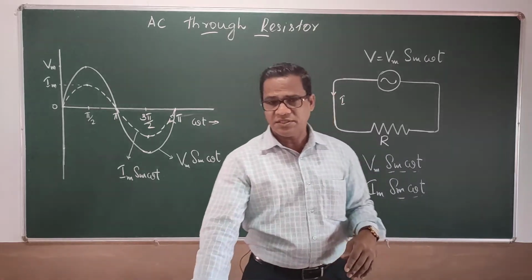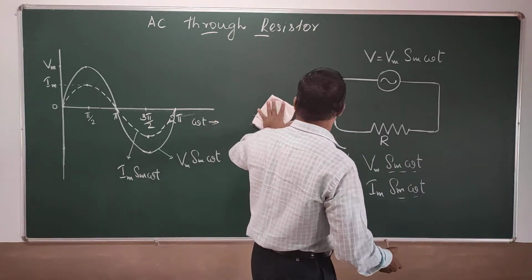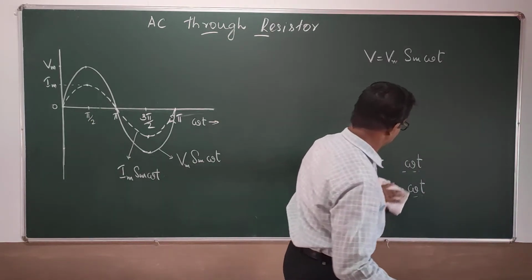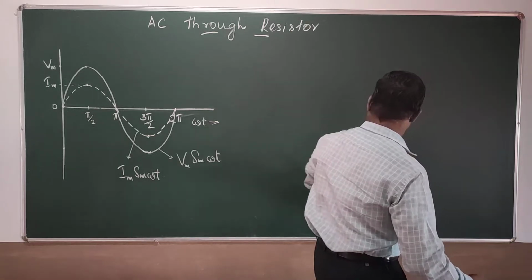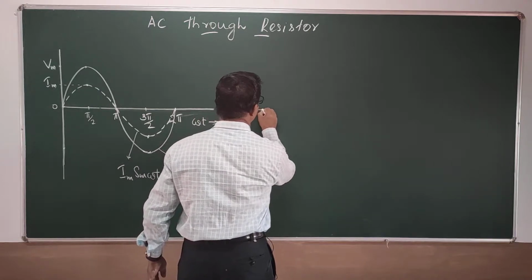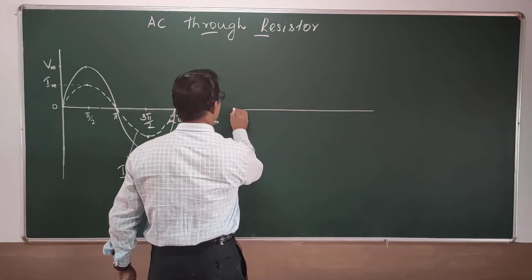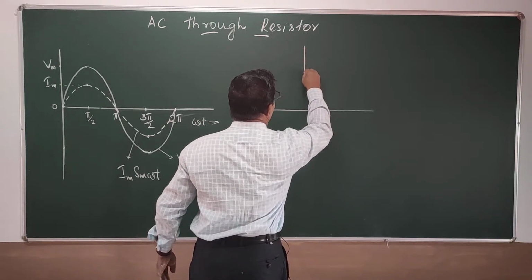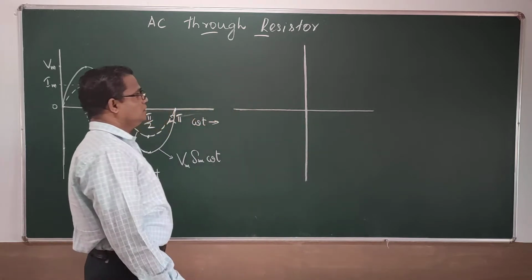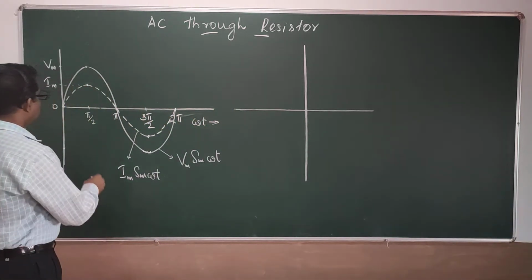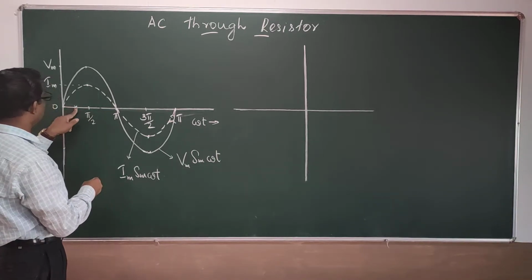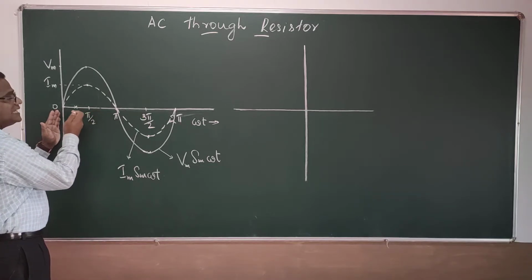Now, to draw the phasor diagram, compared to the waveform, we are representing the waveform with a rotating vector in 4 quadrants. To draw that, I will be taking the 4 quadrants, and let me assume a phase angle omega t which is less than pi by 2.